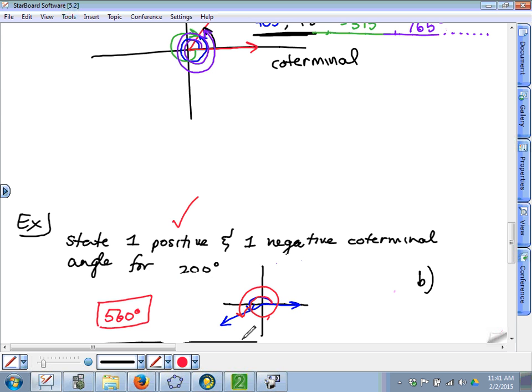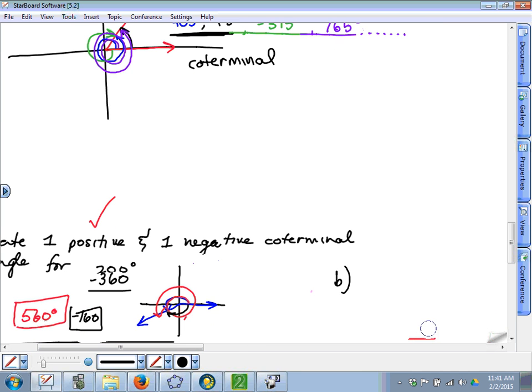What about a negative? So look at the picture I have. If I started on the initial side and went down this way, that would be negative 160. Or you could have subtracted 360 from the original angle. That gives you negative 160. Okay, I can't give you much time on this, but I want you to think about it.